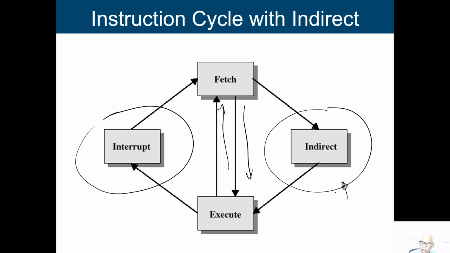Okay. So, when we are trying to get some more data, we will find that it is not in our main memory. That means, we have to bring it from the hard disk. So, in that particular case, this interrupt cycle will come into the picture.